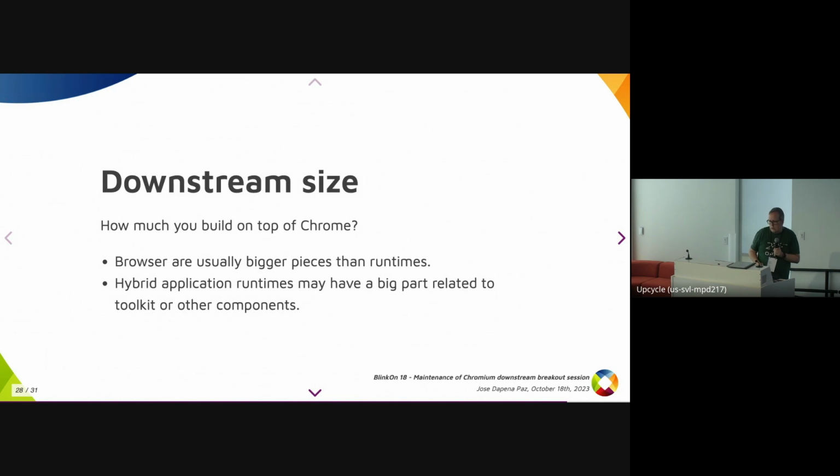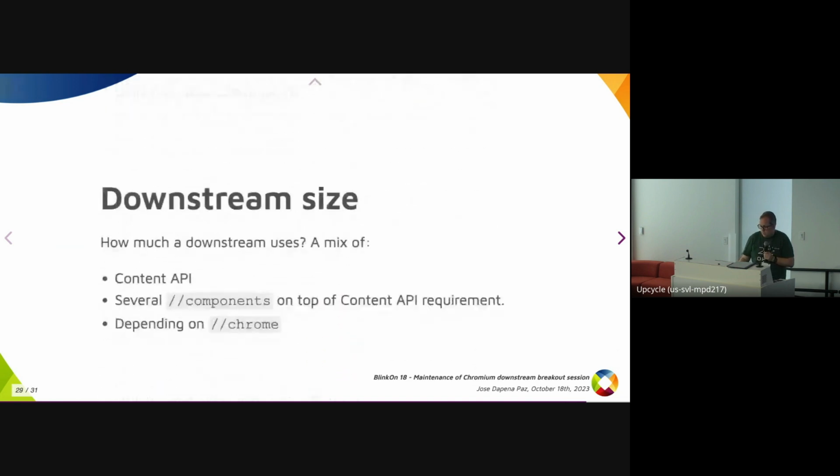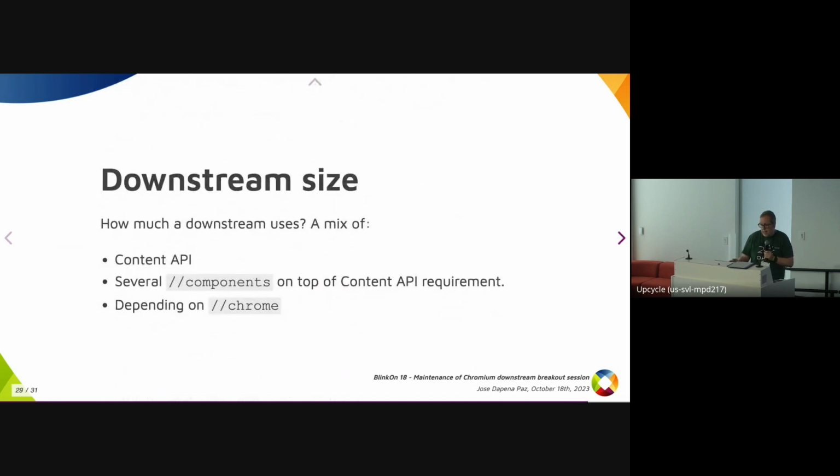So the other thing is how much you build on top of Chromium. On one side, browsers are usually very, very big. Web runtimes for hybrid applications are smaller because you don't take so many pieces for a browser UI. Then there are the layers you use in Chrome.